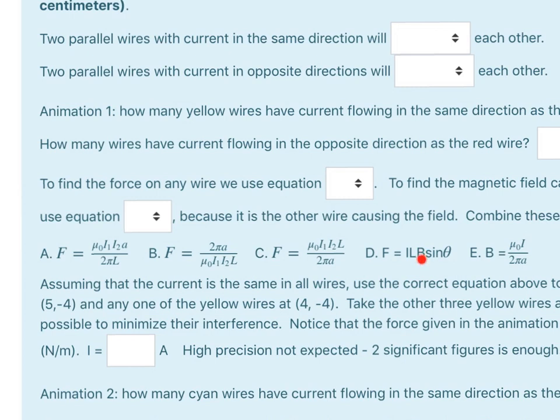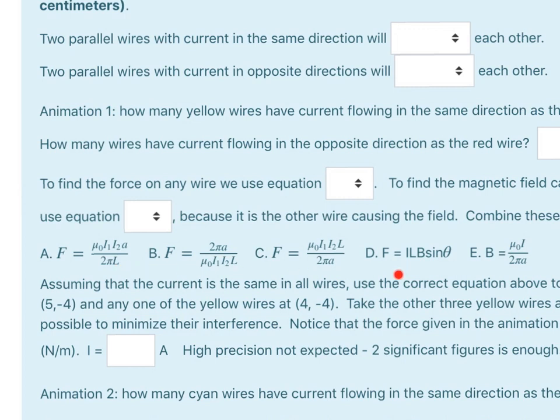But the field is produced by the other wire, and this is the equation for the field due to a straight current carrying wire. So this expression gets substituted in for B. The sine of theta, since it's 90 degrees, is 1. And since we want the force per unit length, we end up with this equation.